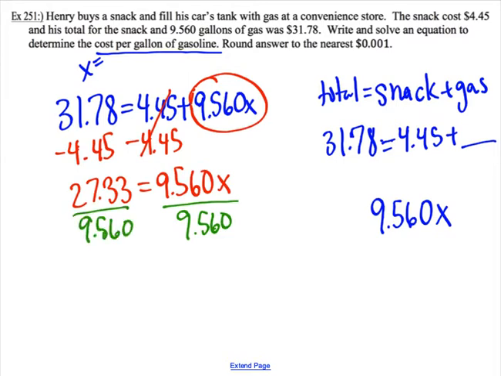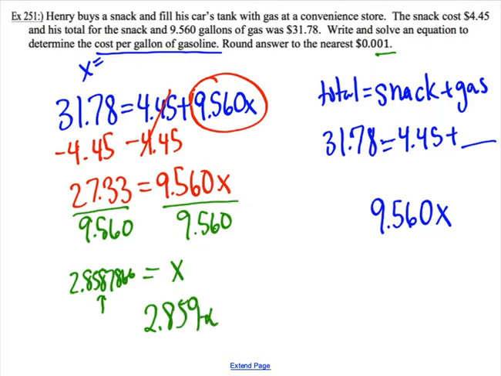And 27.33 divided by 9.560 is 2.8587866. It says to round to the nearest 0.001, which is right here. That 8, because of the 7 after it, is going to round up, so 2.859 is equal to X.